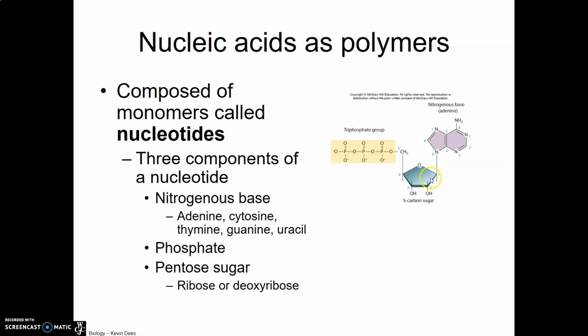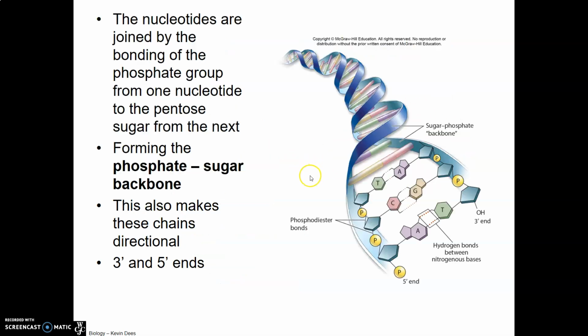And then the final part of our nucleic acid is this phosphate group. So if we look at how we put these together, the nucleotides are joined by the bonding of the phosphate group from one nucleotide to the pentose sugar from the next nucleotide. And this forms something called a phosphate sugar backbone.